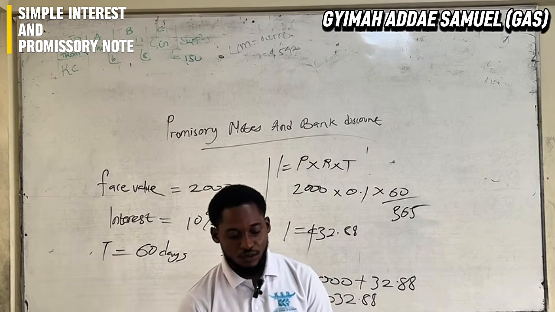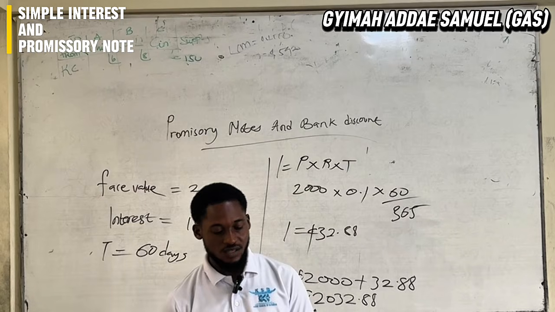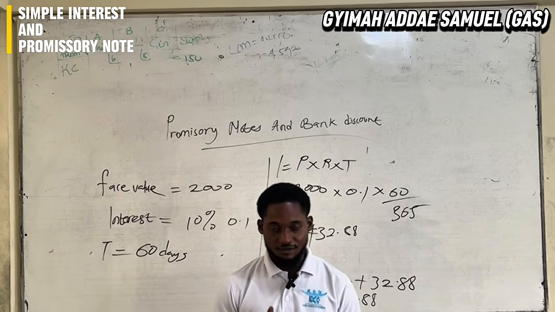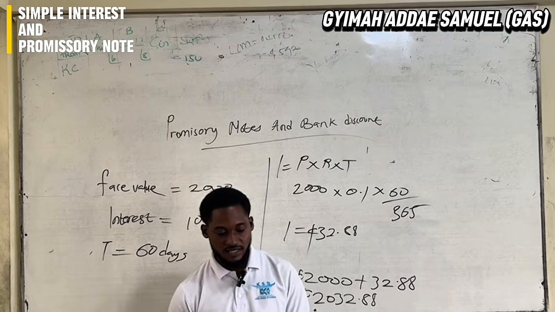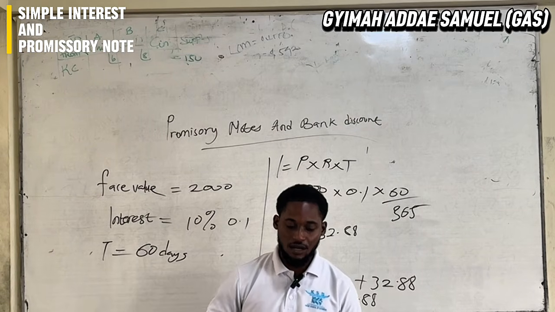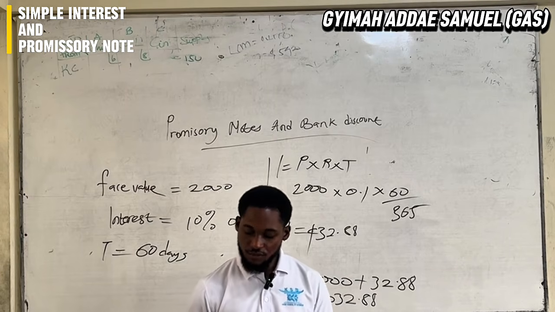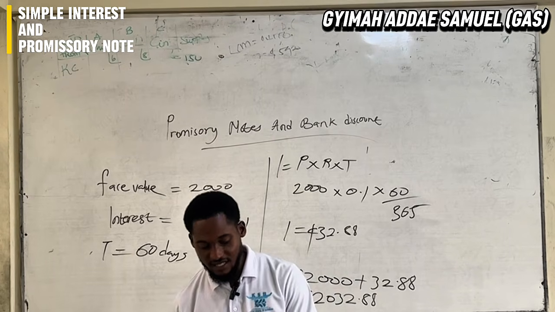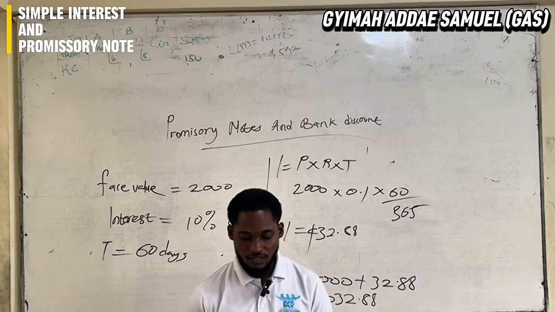Fourth, compute the discount amount using the formula A equals maturity value times rate times time. Fifth, compute the proceeds by subtracting the discount amount from the maturity value.